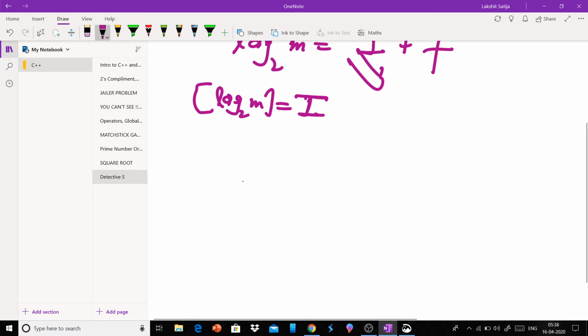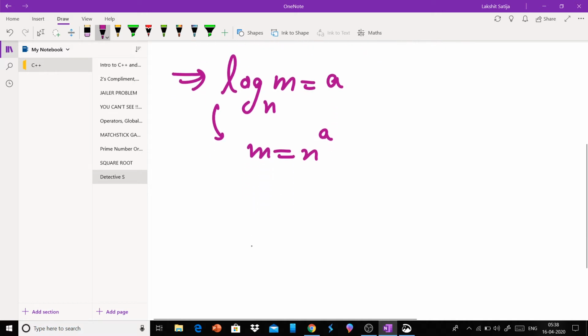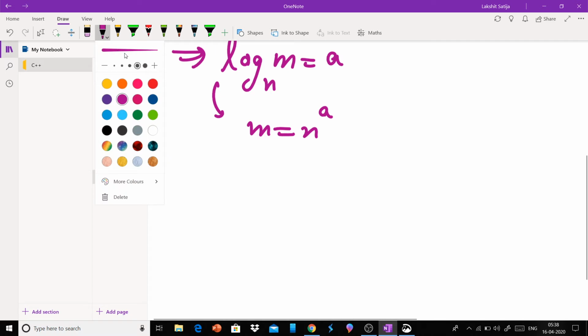So we know the property of log: log base n of m is equal to a means that m is equal to n to the power a, right?